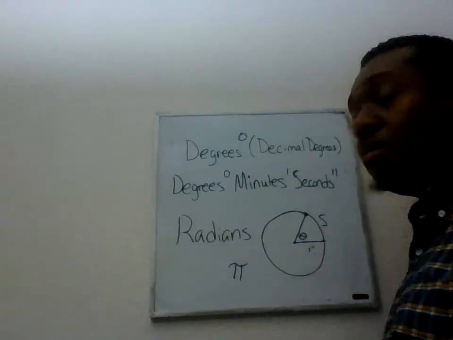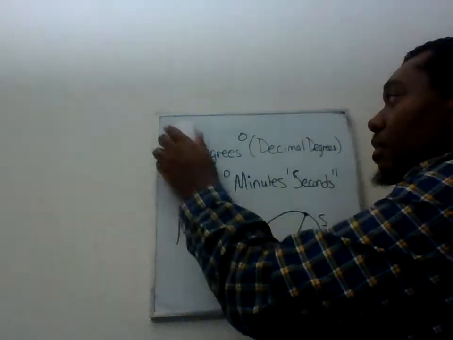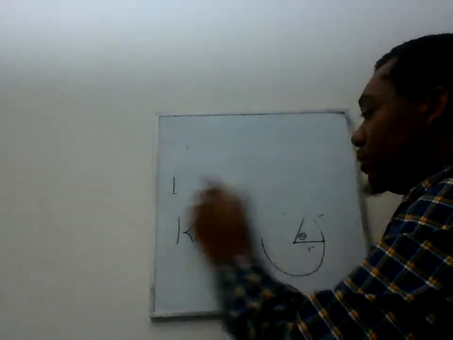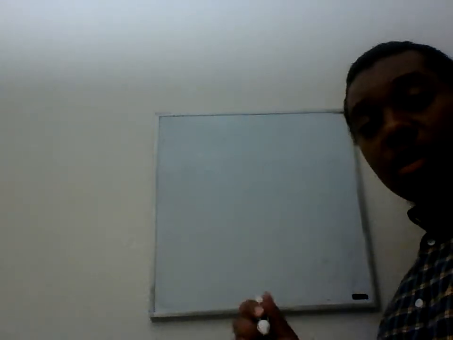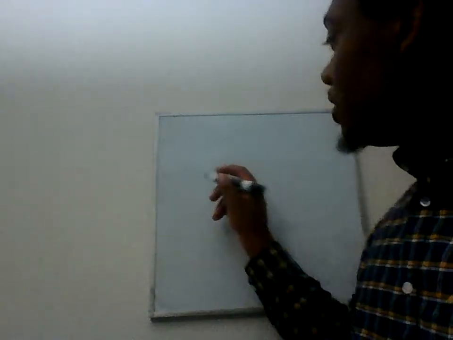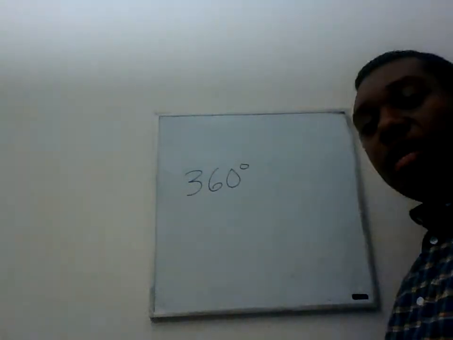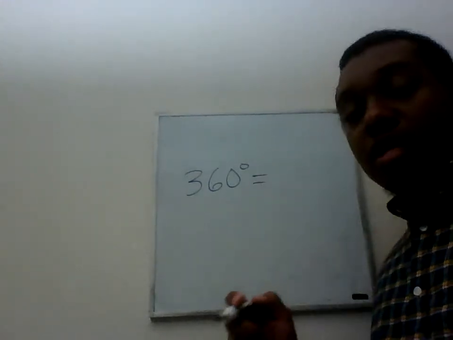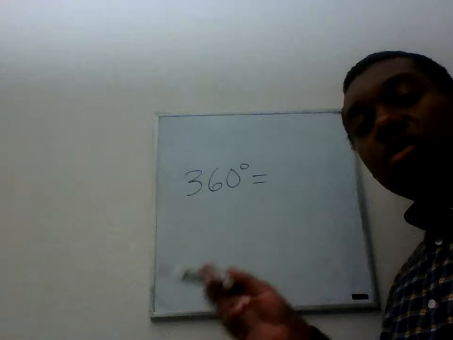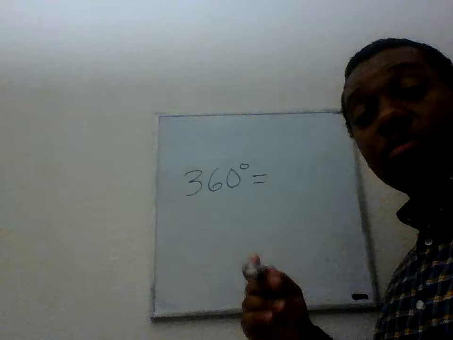Now, let me show you a relationship between degrees and radians. So the distance around a circle, how many degrees would that be? That would be 360 degrees. Okay. Well, 360 degrees around a circle, if the circle just had a radius of 1, the total distance around the circle would be 2 pi times the radius, which would be 1 in this case.